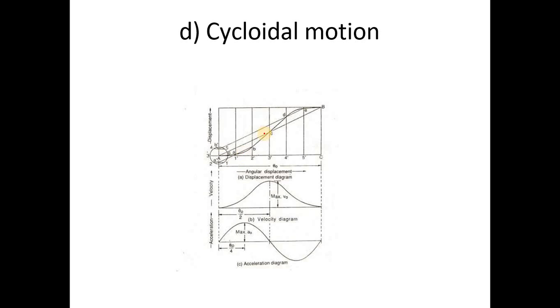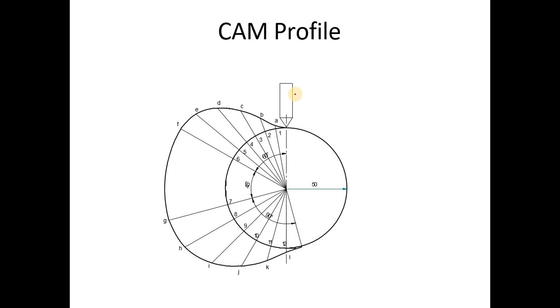Next, join A and B, B and C, C and D, D and E, and E and F. Similarly, you can join the remaining points, and you will get the exact profile of the cam. So this is what we call cycloidal motion. This is the last motion of the follower.